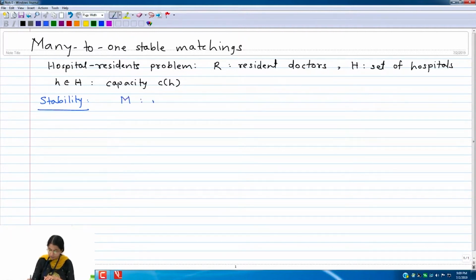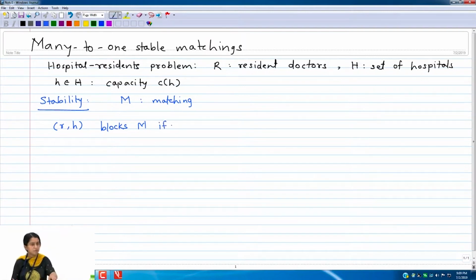So M is a matching. And when do we say that a pair RH is a blocking pair for M? Can you think and come up with a proper definition of stability for this setting?